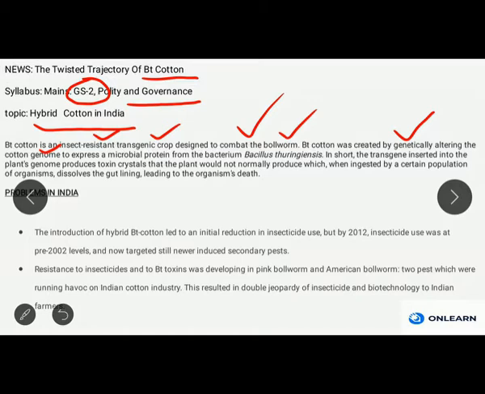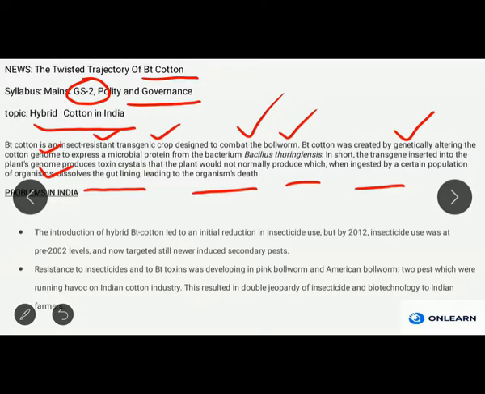So, in short, the transgene that is inserted into the plant genome produces toxin crystals or toxic proteins that the plant would not normally produce, which when ingested by a certain population of organisms, will dissolve their gut lining and lead to the organism's death.